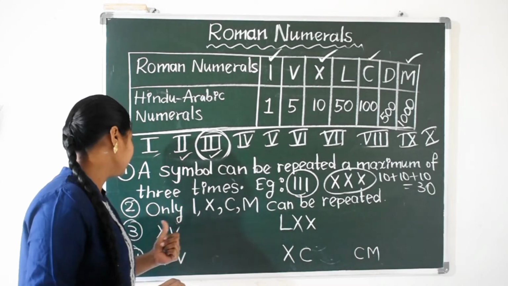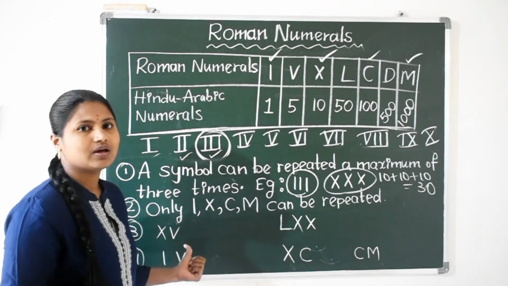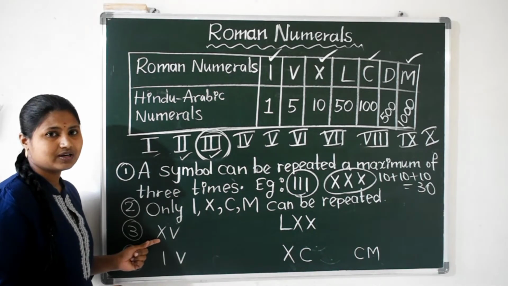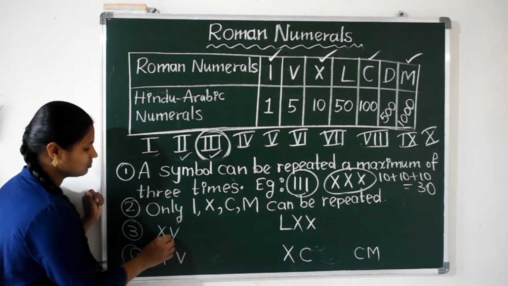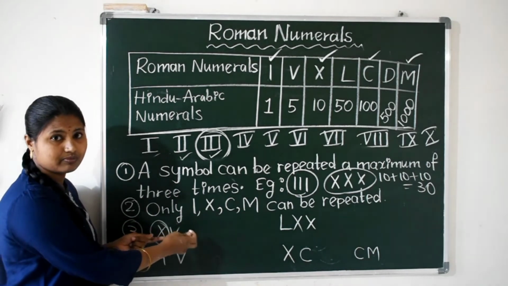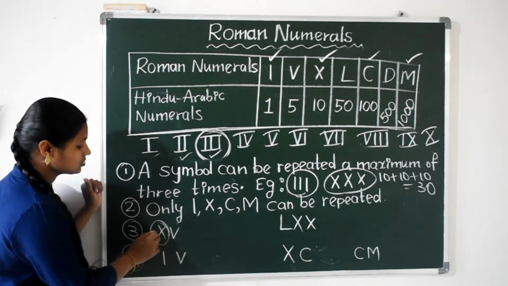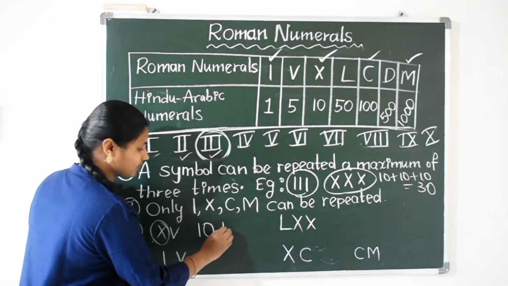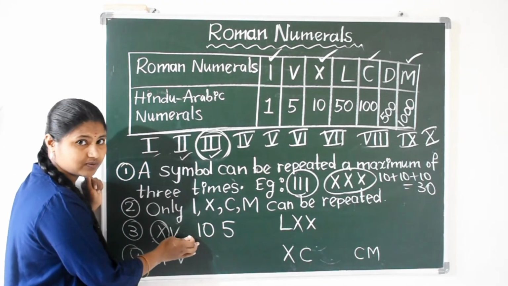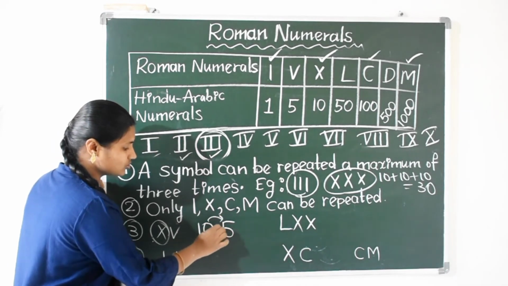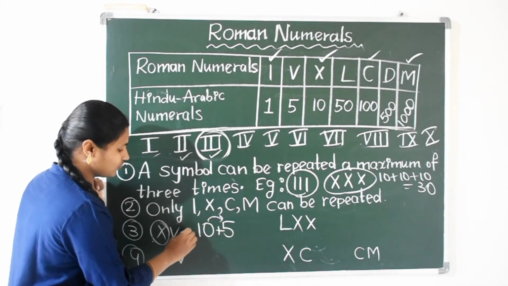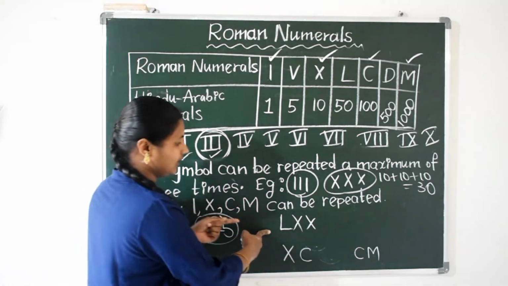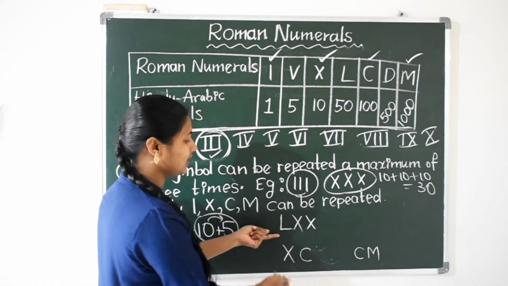And rule number 3 is, if a symbol is placed after the greater value, the numbers are to be added. So suppose XV is there, X means 10, V means 5. Here the greater value is first, no? So add these two numbers. So 10 plus 5 gives us 15. XV means 15. And LXX, I wrote here LXX.